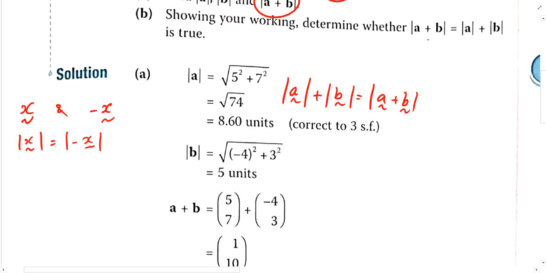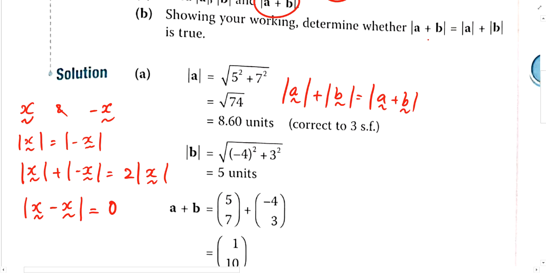So when I take the magnitude of x plus the magnitude of negative x, I am supposed to get 2 times the magnitude of x, correct? Okay, what about the magnitude of x minus x? 0. So, are they the same? No. What is our conclusion?